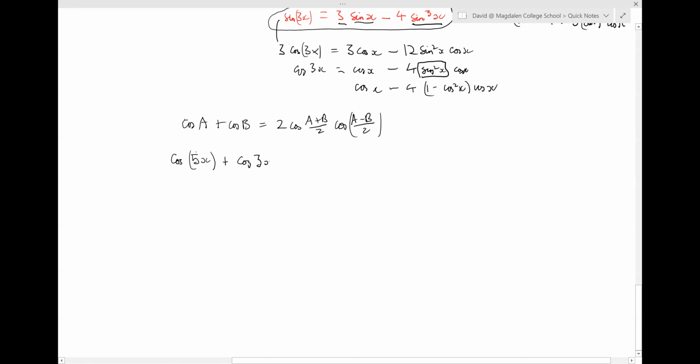Oh no, wait a minute. No, sorry, I'm going to do cos 4x plus cos 2x. Well, it's 2 cos 3x times cos of the difference. So 4x minus 2x is 2x, divided by 2 is cos x.